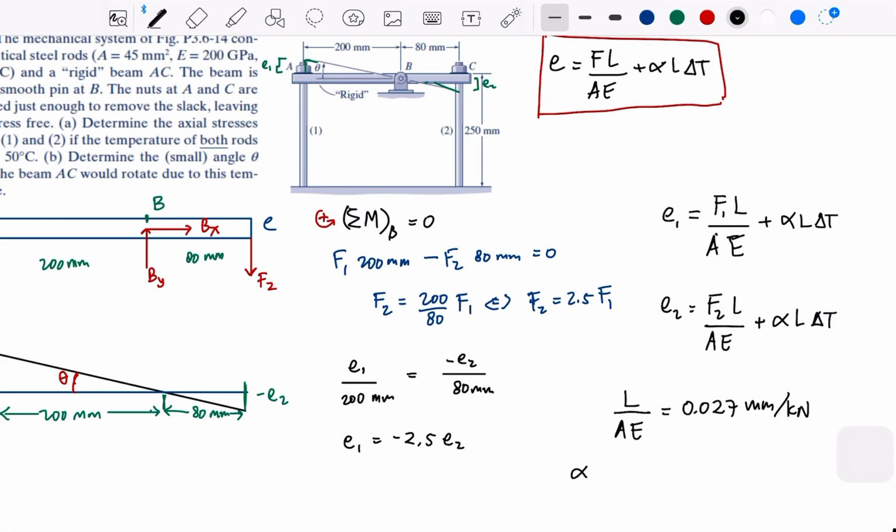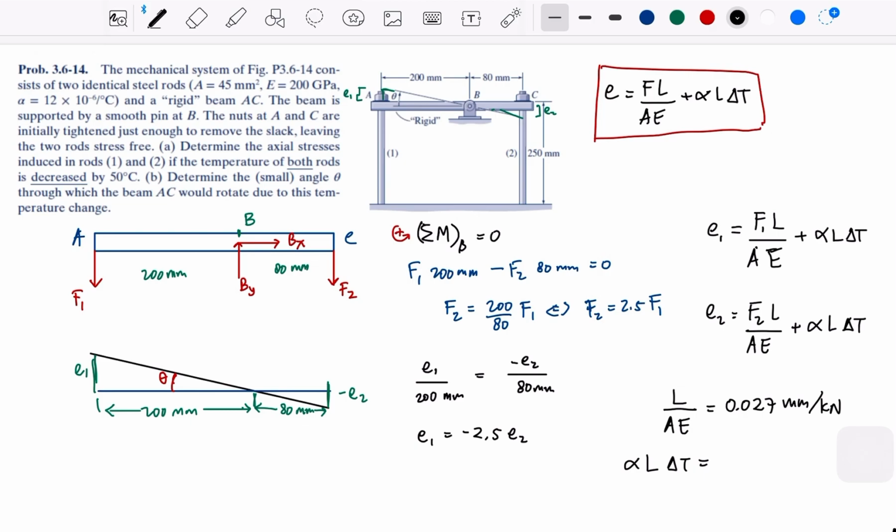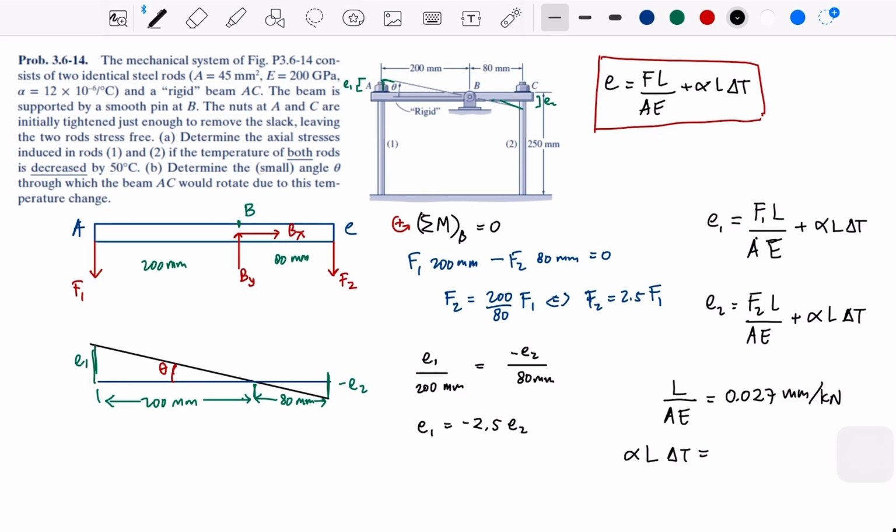And then the thermal will be 12. It's going to be negative 0.150 millimeter. Okay.